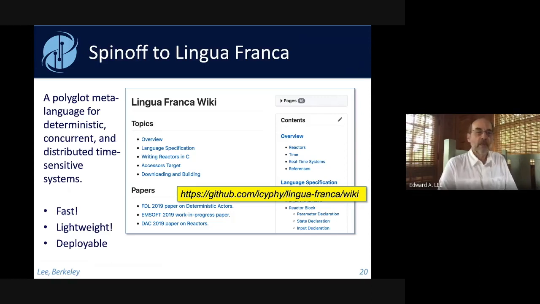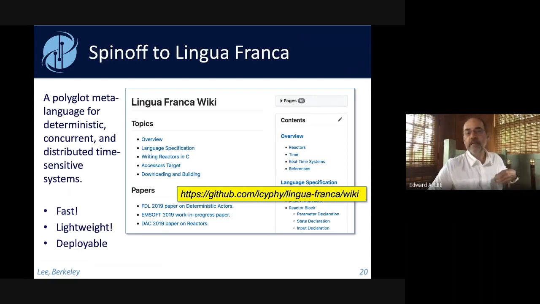So the Lingua Franca spin-off focuses very much on taking what we learned from this mechanism for building and prototyping deployable software and seeing how far we could push performance. It is built on the discrete event model of computation in Ptolemy II, and it makes a few extensions to the discrete event model of computation because it was a clean slate redesign.